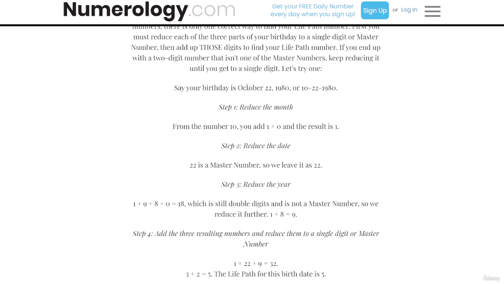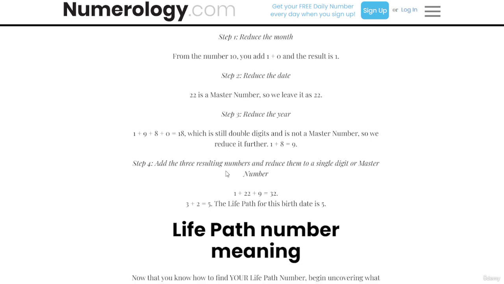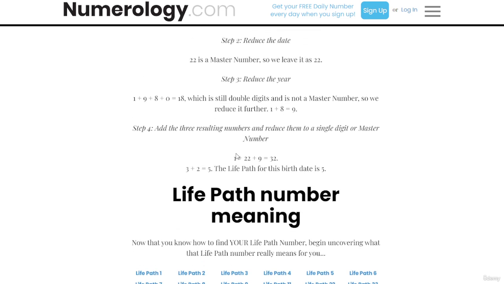Say your birthday is October 22, 1980, or this is how it looks. Reduce the month, so you add up every single number, and reduce the date and reduce the year. You can either calculate each one, day, month, year, or you can add up all of it and see how it goes. Here it shows you the life path number add up.